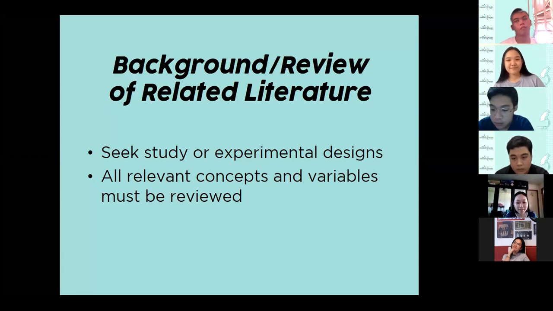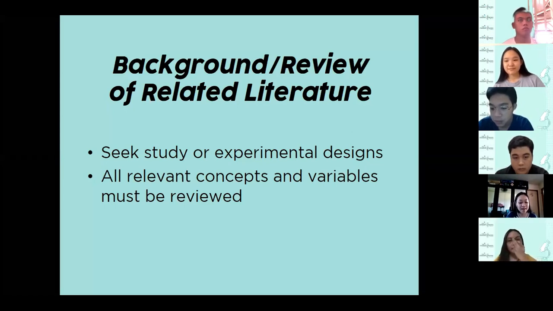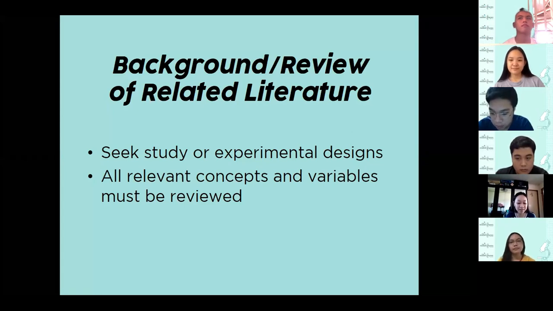And all relevant concepts and variables must be reviewed. So sa variables, independent variable, the dependent variable which affects the independent variable, and the control variable that cannot be changed but affects the overall result of the experimentation. So dapat talaga thorough yung paggagawa nyo ng RRL and hindi kinakram.